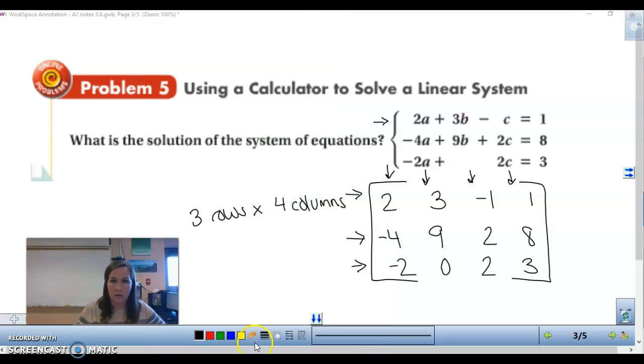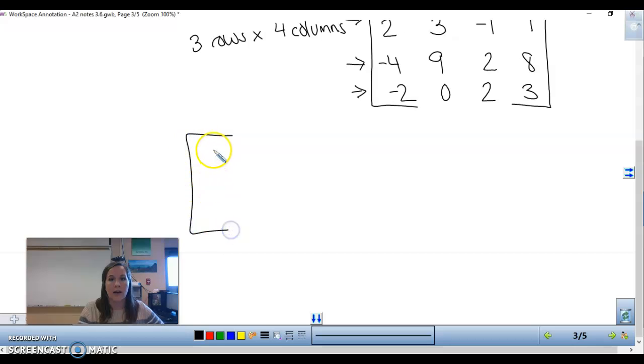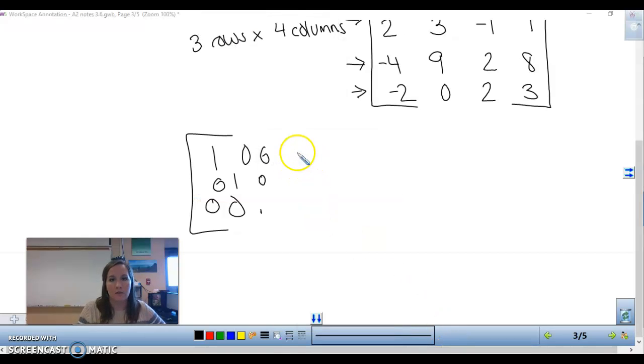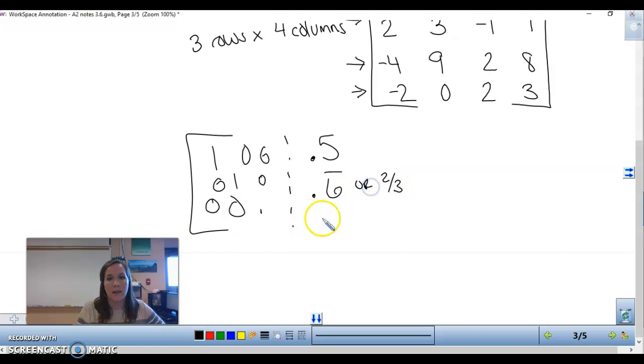All right, so we have 1, 1, 1. Everywhere else are 0s. And then I don't even know, was it 5 or 0.5? 0.5. So then we have 0.5. And then 0.6 repeating, which is 2/3. And then we have 2.